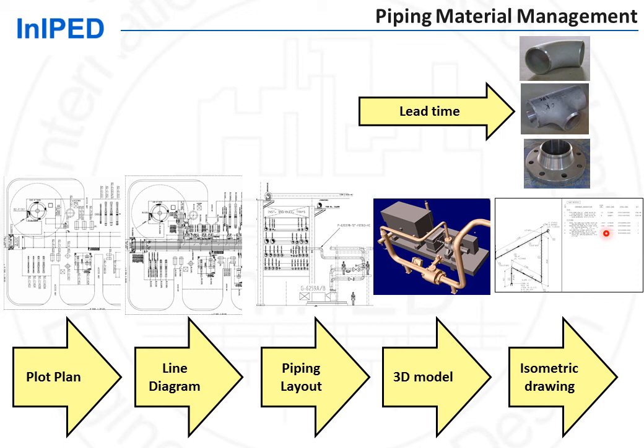They have to be ordered much earlier. Therefore, one must produce an early list of piping materials. An inventory of these materials, called a material takeoff, must be done from the non-final P&IDs and the non-final piping drawings.